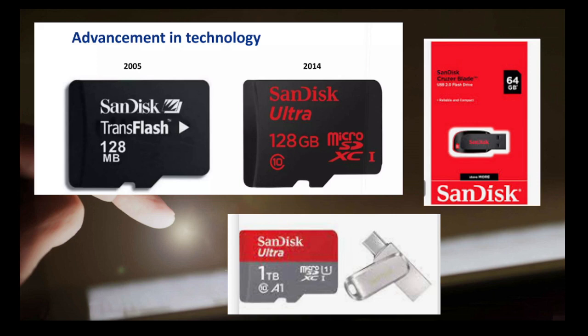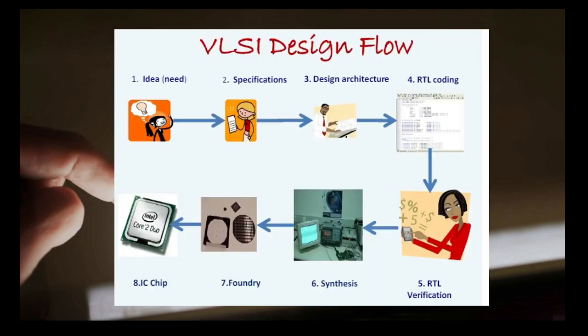Later, in 2014, we could store 128 GB. Later, we could store 64 GB as well, and now we can store 1 terabyte. The same SanDisk company has reached 1 terabyte from 128 megabyte between 2005 and 2023. So the advancement is only because of VLSI technology.